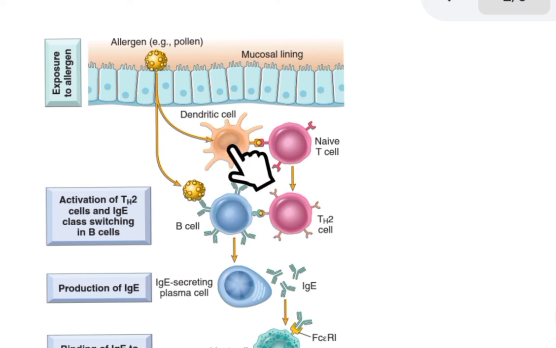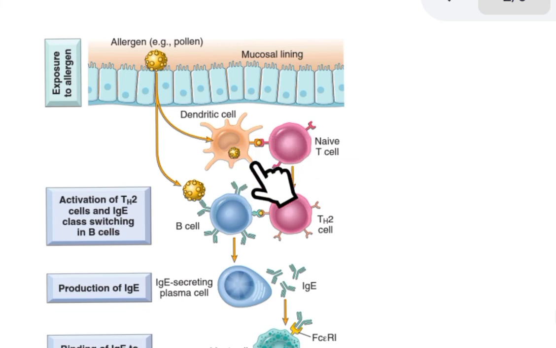Dendritic cells are part of the cells called APCs, antigen-presenting cells, and they have a protein called major histocompatibility complex type 2 on their surfaces. Once they engulf this allergen, they are going to present the epitope using the MHC2.